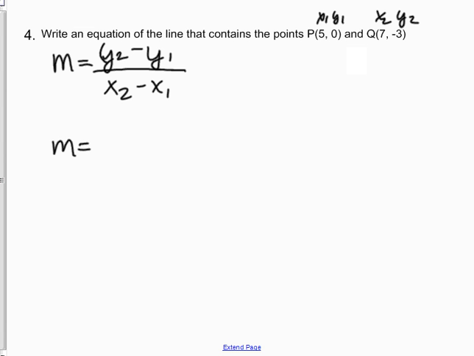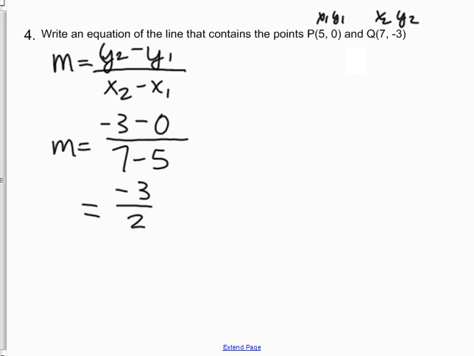So first I'm going to look at how I'm going to find the slope. Well, x2 is -3. x1 is 0. I mean, y1 and y2. x2 is 7. x1 is 5. Okay, so we've got -3 over 2.